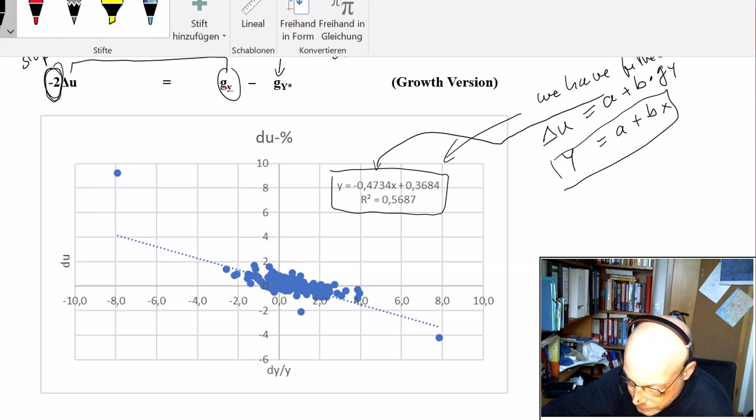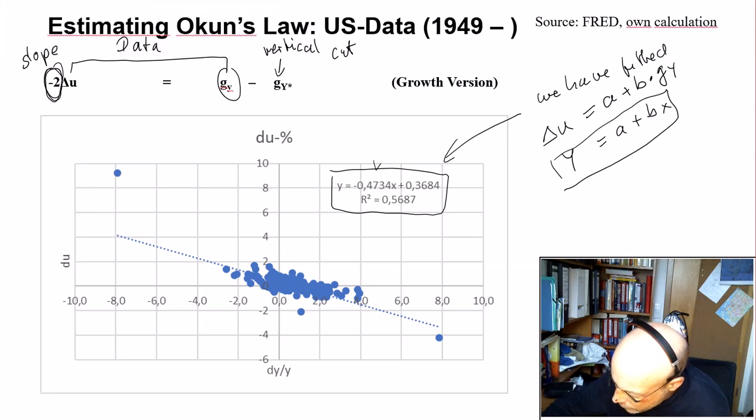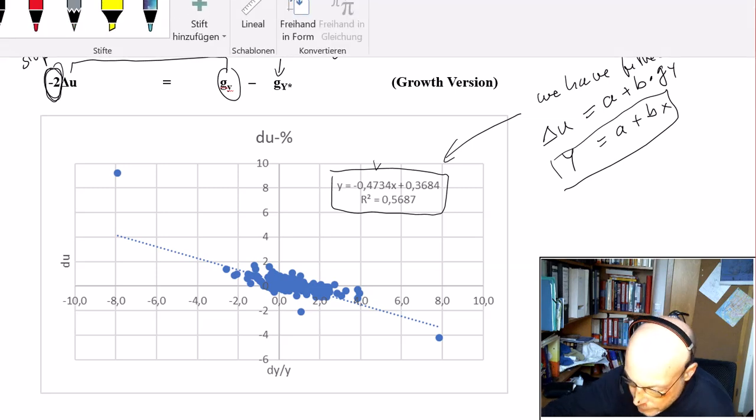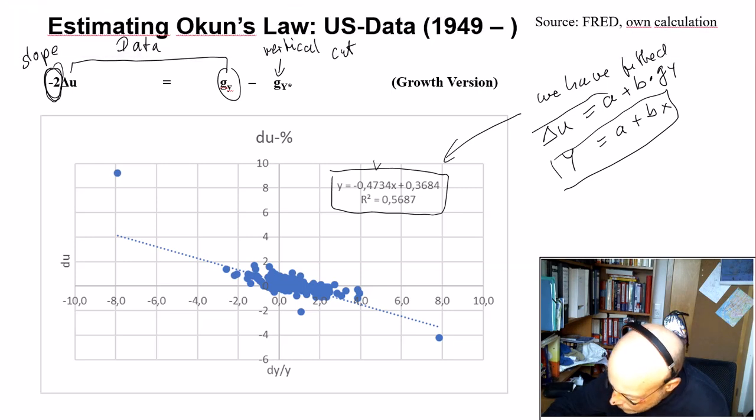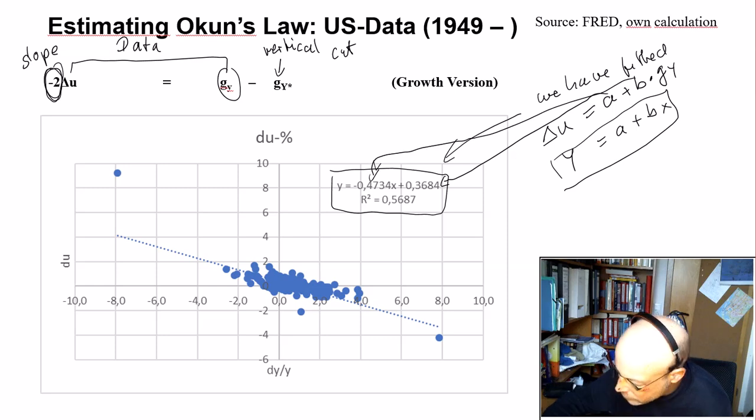Sorry. The A is this one, and this is the minus 0.36.